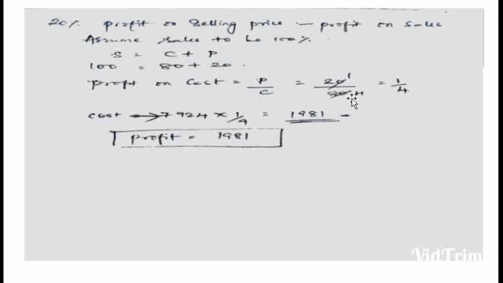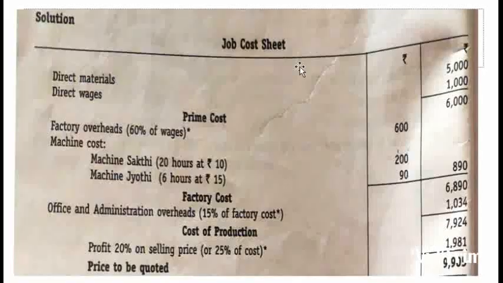So 20 divided by 80 will give you 1 by 4. This profit rate fraction is on cost. So your cost amount 7,924 into 1 by 4 will give you 1,981, which is your profit. So if you look into the job cost sheet now, profit is 1,981. So the total, you add up, the price quoted will be 9,905.